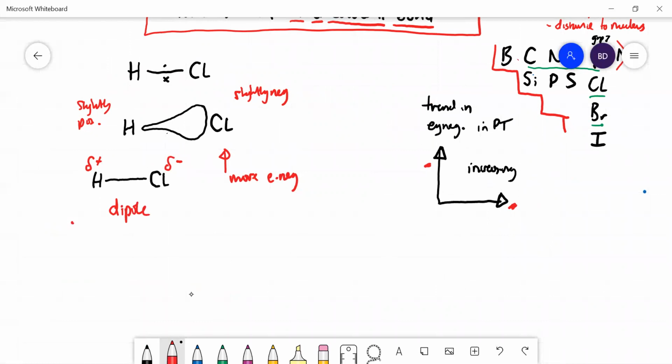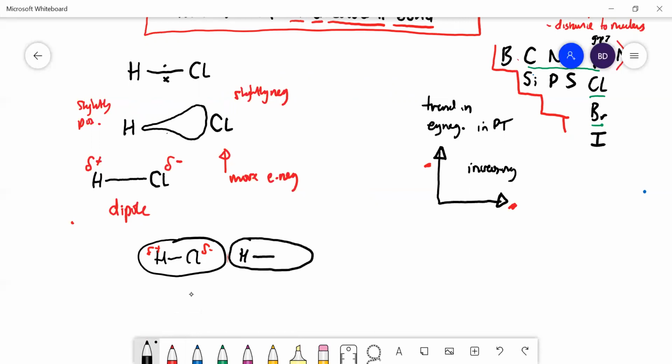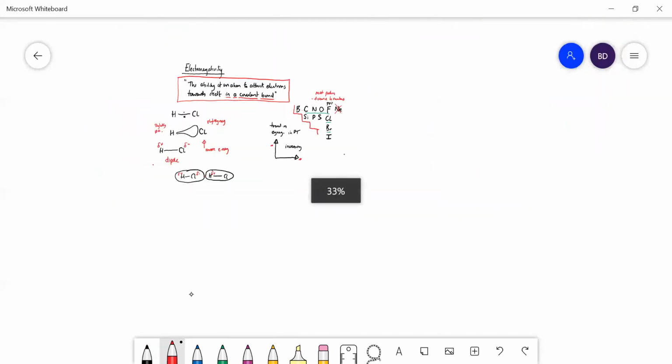We'll talk about that a bit later. But what effect does that have? Well, if you had liquid hydrogen chloride, making some HCl molecules, this end would be a little bit negative and this end a little bit positive. Sorry, I drew positives there when I said negative. So that means it would be attracted to a neighboring HCl molecule, because this end is a little bit positive and this end is a little bit negative, and there'll be an attraction there.